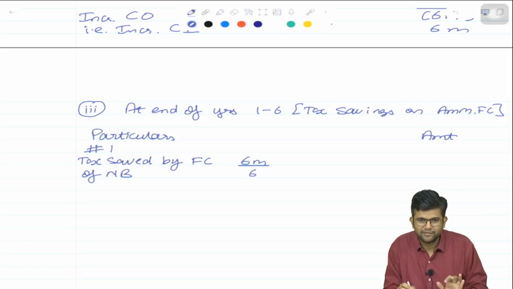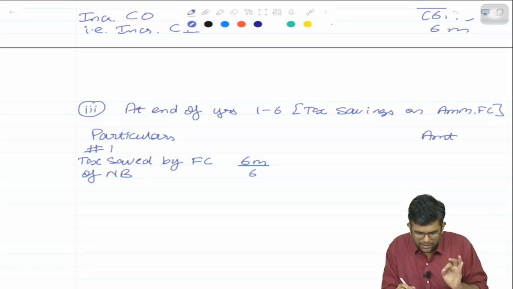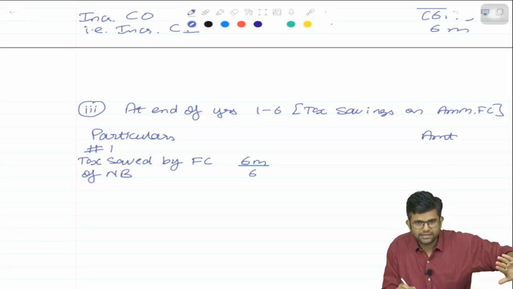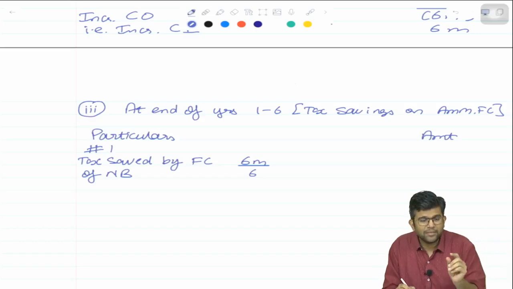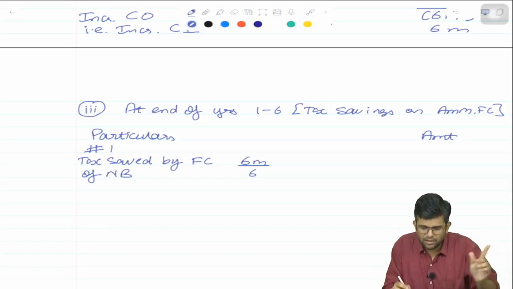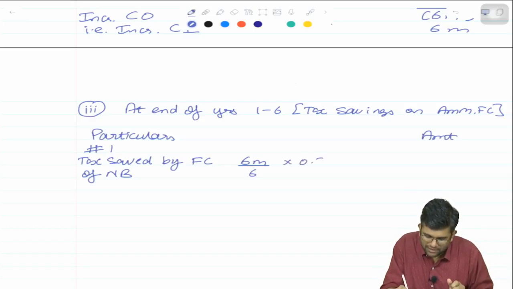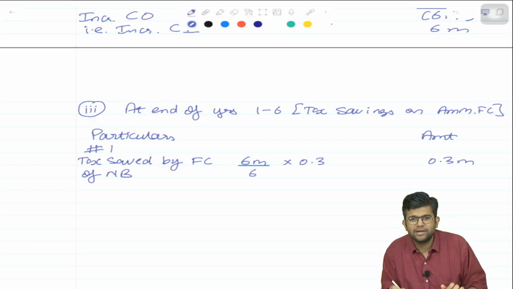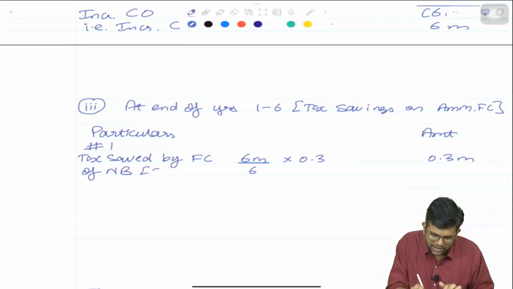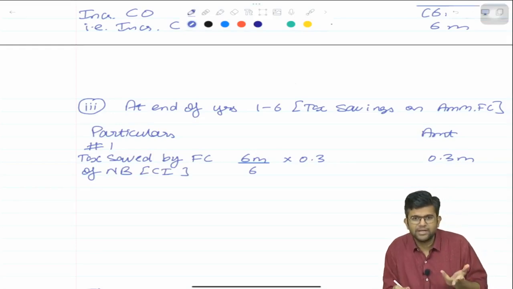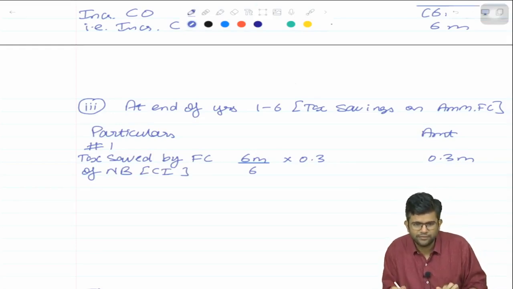The flotation cost I am incurring is 6 million. This 6 million I will amortize over 6 years, which means every year I will be able to recognize 1 million. On that 1 million, 30%, 0.3 million, I will be able to save. This is a cash inflow for me. Savings in tax is a cash inflow.